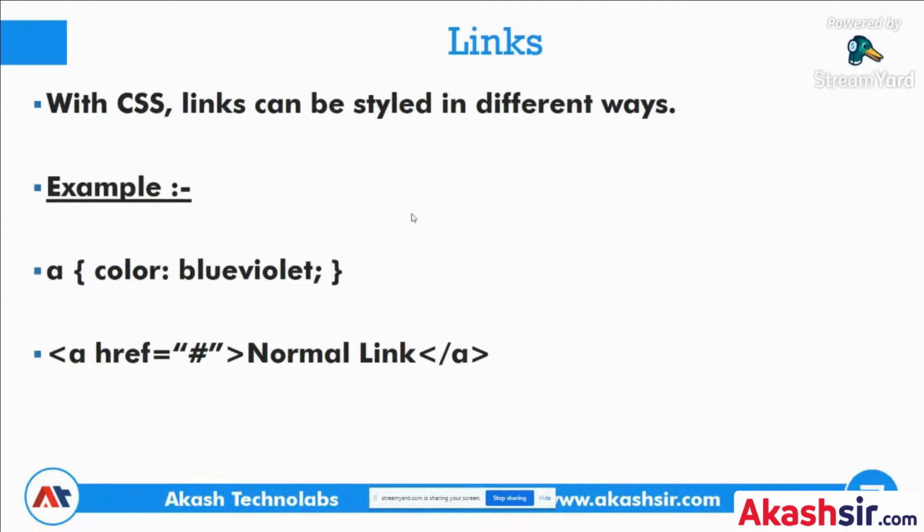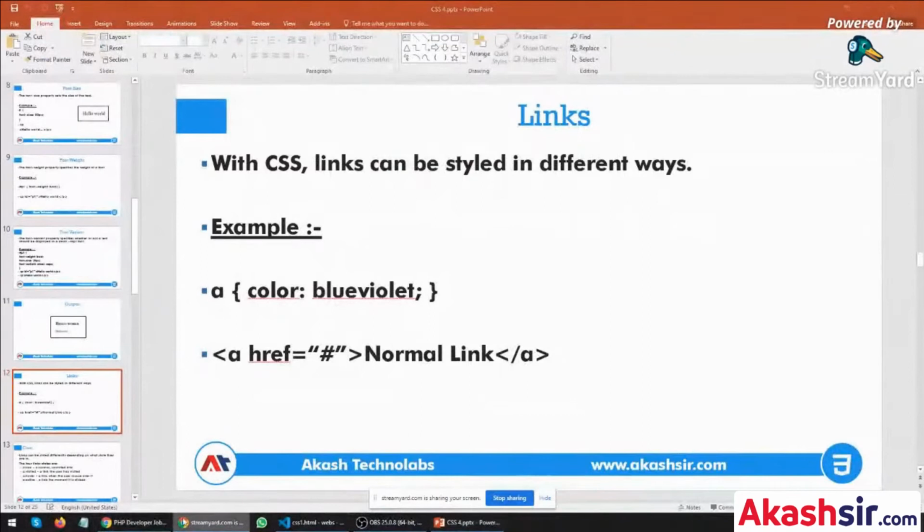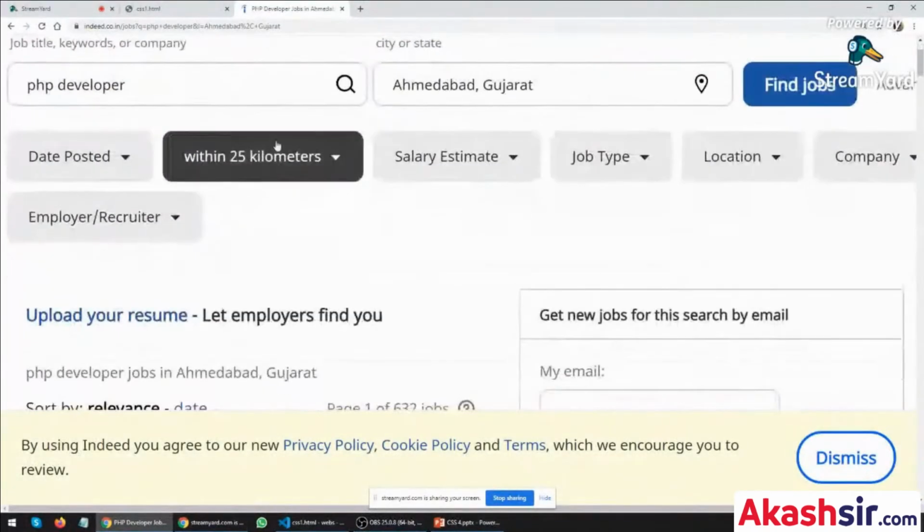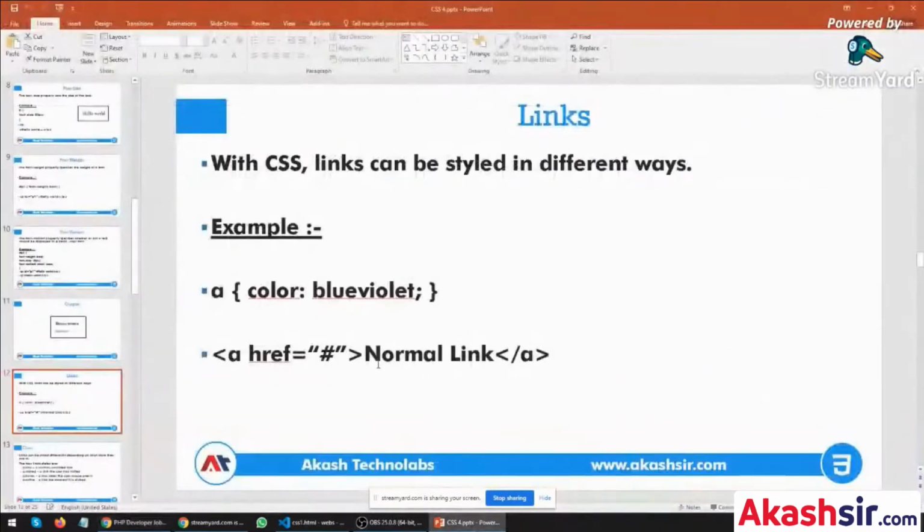If I click on the particular link, the color will be changed, right? If you want to specify some different colors for the hyperlink, here you can see in Indeed, the hyperlink color is different, not the actual one, right? So you can also change the hyperlink color with the help of this A tag, and you can specify the color. It's the same simple thing.